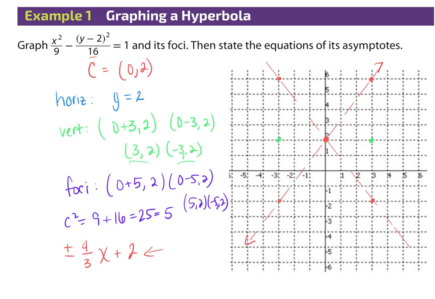You can see how this makes a little more sense. Since they ask for this, I'm going to graph 5, 2, negative 5, 2. This actually tells me the direction anyway, and then I can sketch that graph. And so you can see this is going to be a rather wide looking set here.